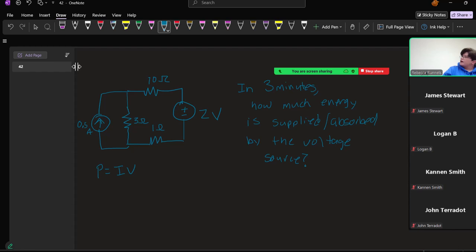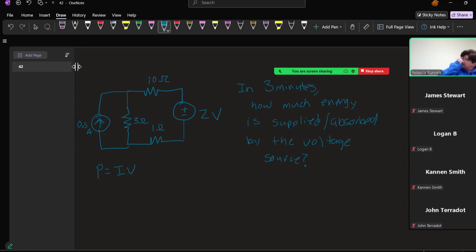I could find the power of everything else and then know that power absorbed has to equal power supplied, and I could find it that way. But I think the easiest way is probably going to be to find the current, and then once I find the current, to then use P equals IV.